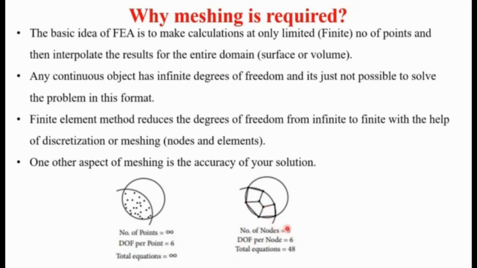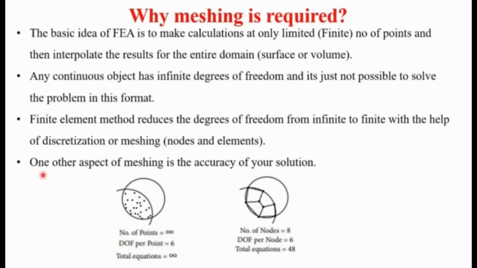The degrees of freedom at all the nodes is equal to 6. So the total equations is equal to degrees of freedom times number of nodes, so 8 into 6, 48. The total equations for this area is 48, whereas without using the finite element method, the total equations will be infinite. So the finite element method reduces the degrees of freedom from infinite to finite, which helps in solving real life problems.